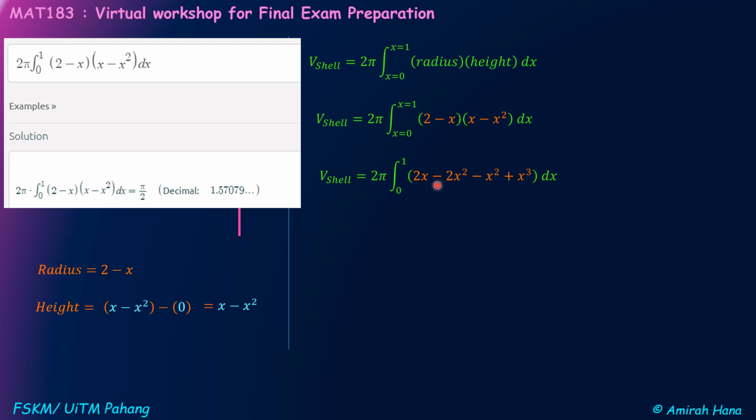Then we can simplify negative 2x squared minus x squared here, so after we simplify this, we get 2 pi integration from 0 to 1 of 2x minus 3x squared plus x cubed. Okay.